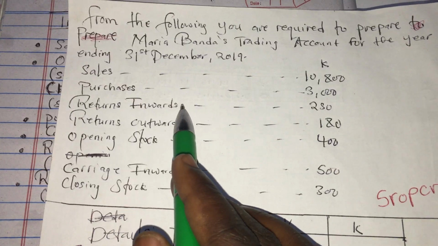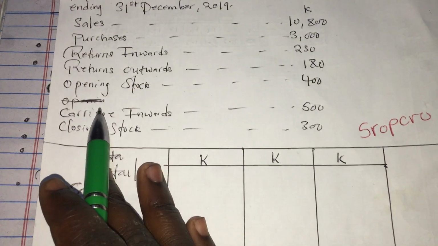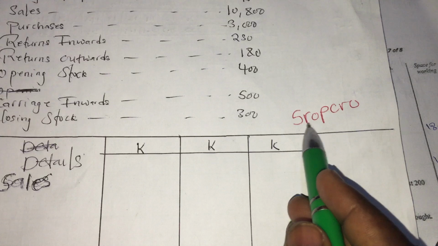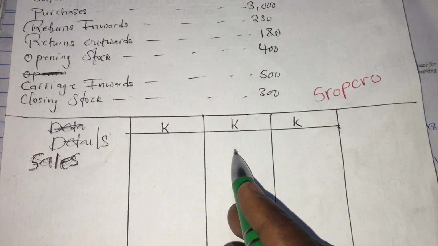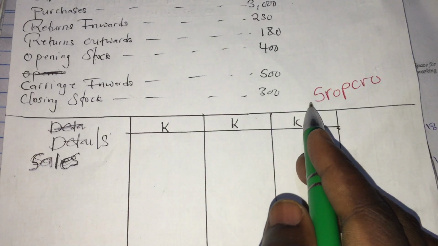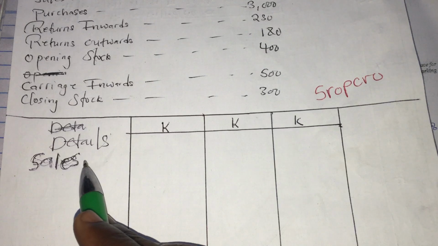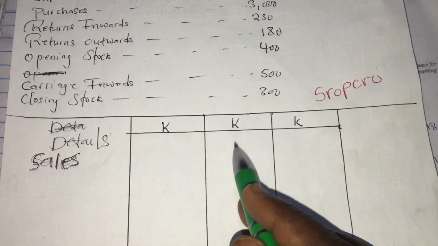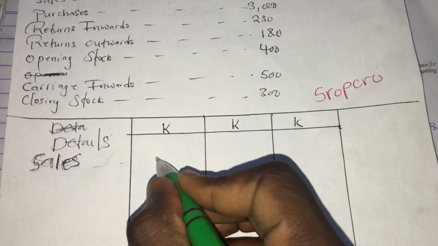Sales returns. All right. So yes, here we do have returns inwards. So if we do have sales and returns inwards, it simply means all the amounts must be in the first box. If we do have sales and also returns inwards on the items, just know that the amounts for sales and returns inwards must be placed in the box between. So we do like this.